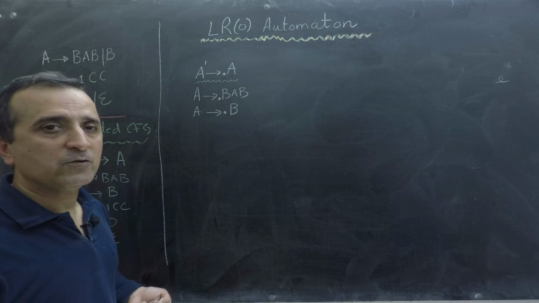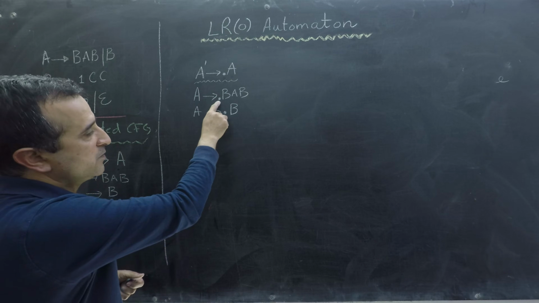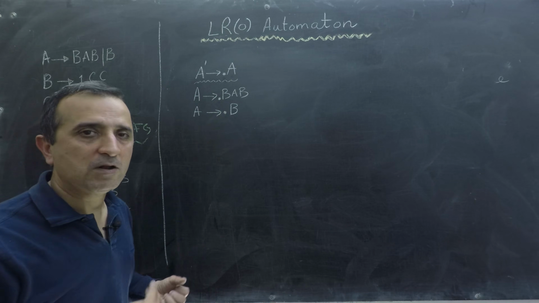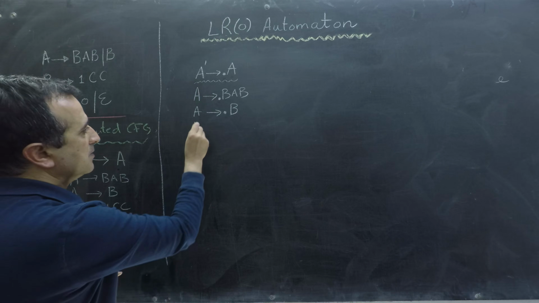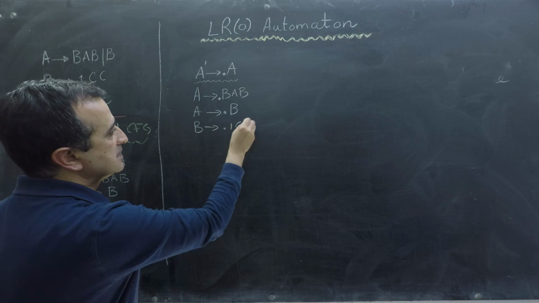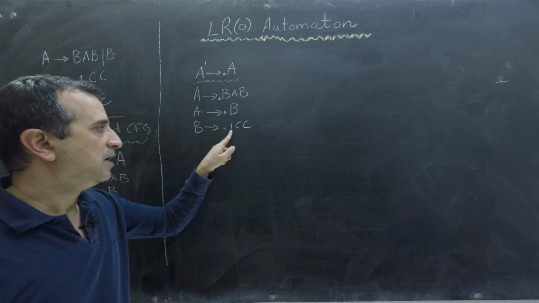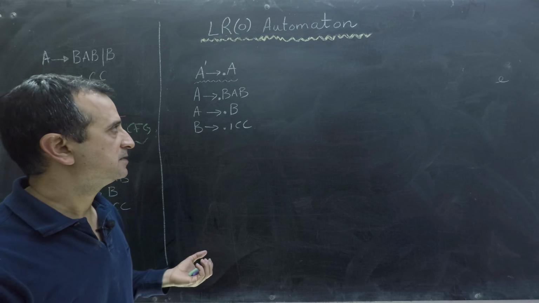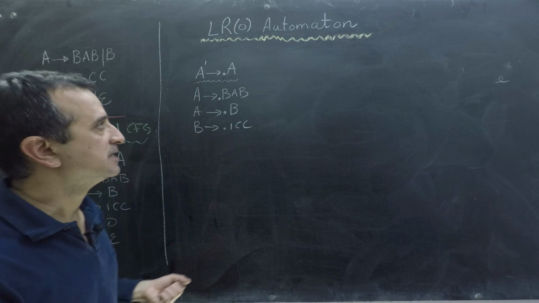Once again, I have to apply my closure rule because this dot is before a non-terminal B, so I have to add all the productions of B. So I write B goes to dot 1 C C. And now my dot is before a terminal 1, so I can't add any more productions. So these are all the items of my start state.